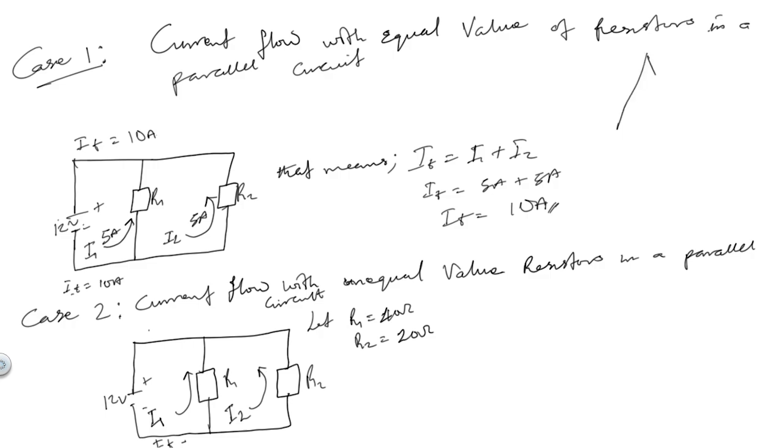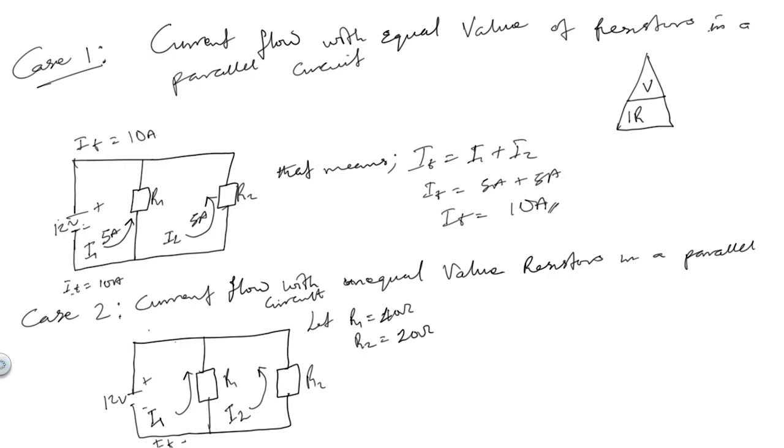We had a triangle in our first class, where V is here, I and R are here, and we said if you want to find any parameter, you just cover it. If it is R you're looking for, you cover it, you get V over I. If it is I, you get V over R, and if it is V, you get I times R.